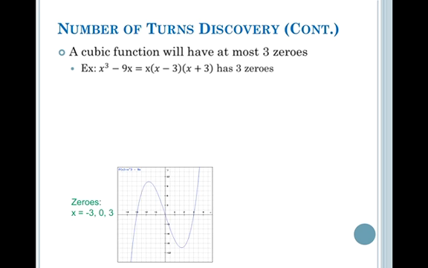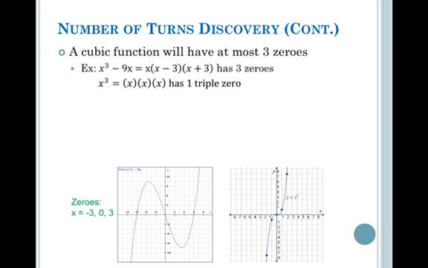Another example is x cubed. If you factored this, it's really x times x times x. So for each of those factors, the zero would be 0, and this factor occurs 3 times, so we would say that's a triple zero, or a triple root. And if you graph that, you'll see that the only zero there is at 0.